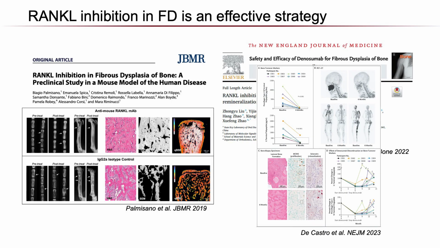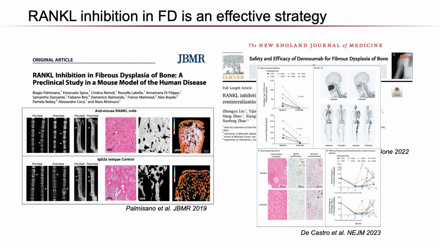Conversely, RANK ligand inhibition has been demonstrated to be an effective strategy. We have demonstrated in 2019 that if we inhibit RANK ligand in the mouse, we can stop the disease progression and prevent the disease development in non-affected skeletal segments.